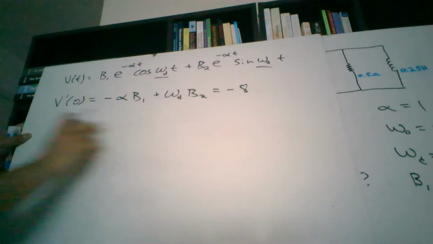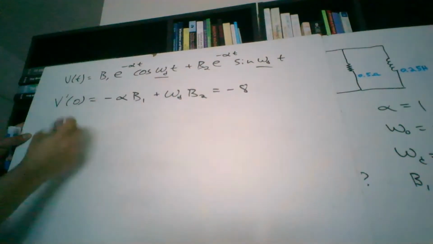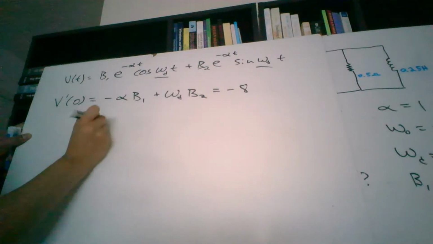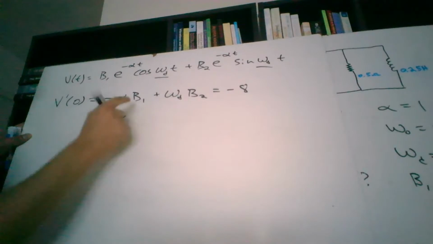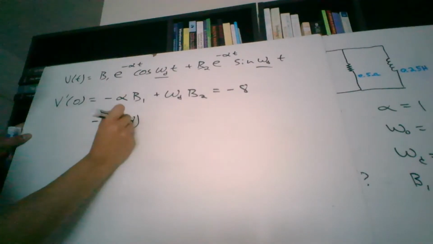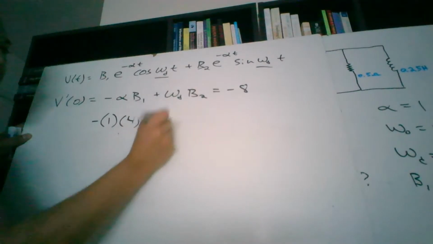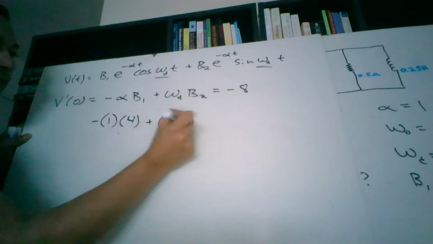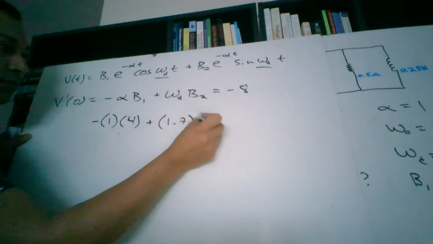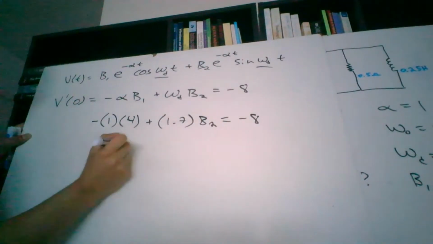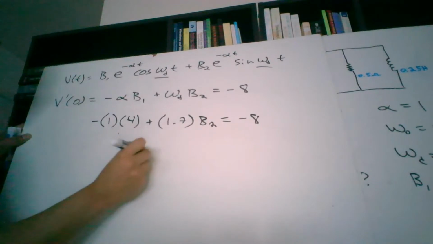Okay. And then from here, we can plug in some stuff. So we get negative alpha, which is 1, B1 was 4, plus omega, which was 1.7, times B2. And all of that is equal to negative 8. And then from here, you can solve for B2.